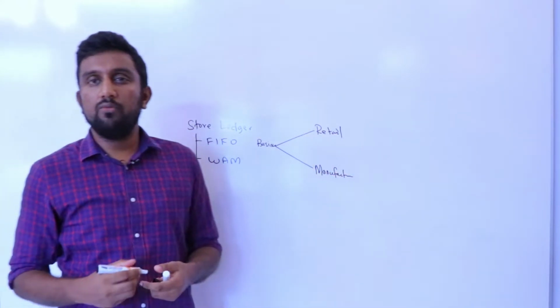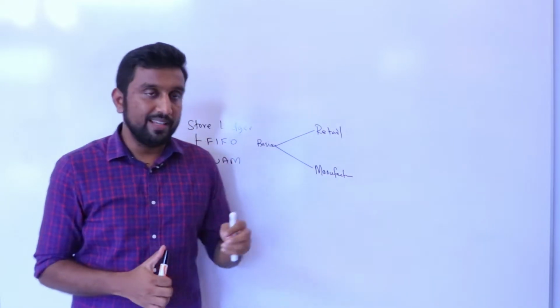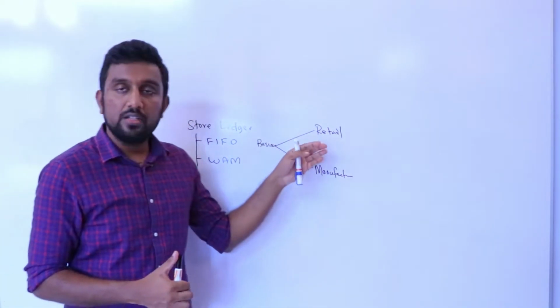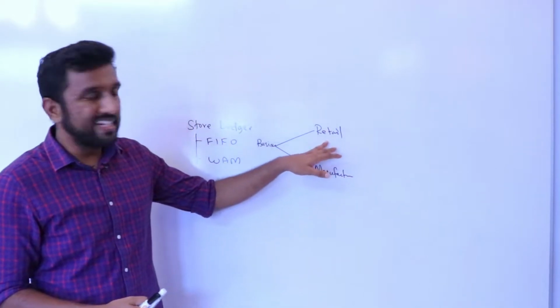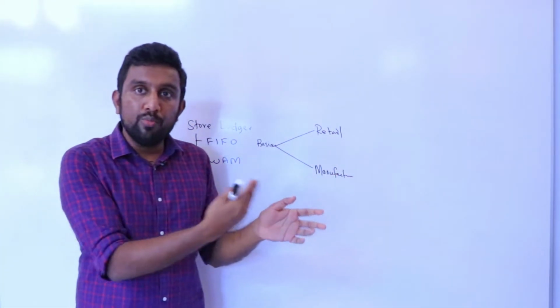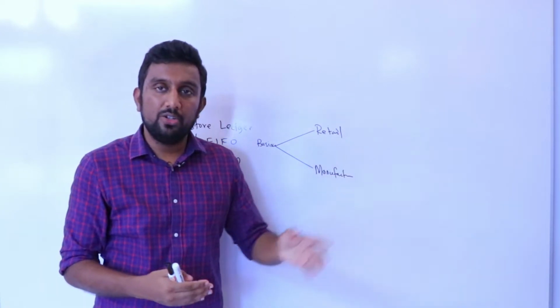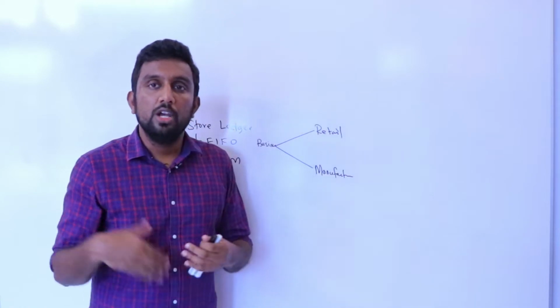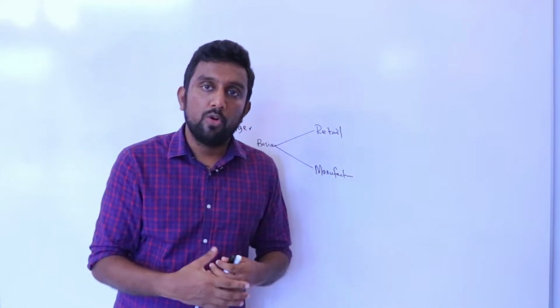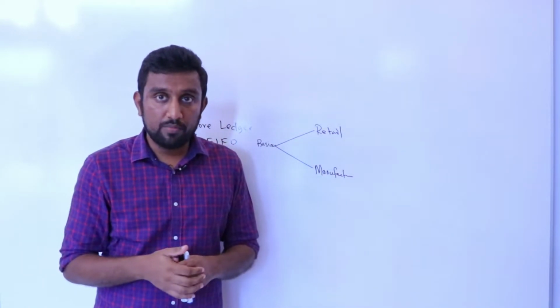Manufacturing would have their raw material in the store. A retail business would have their finished goods in the store. If it comes to a retail business, issue means you are selling to the customer. When it comes to manufacturing, issue means you are issuing raw material to the production department. So that is a very important point here.